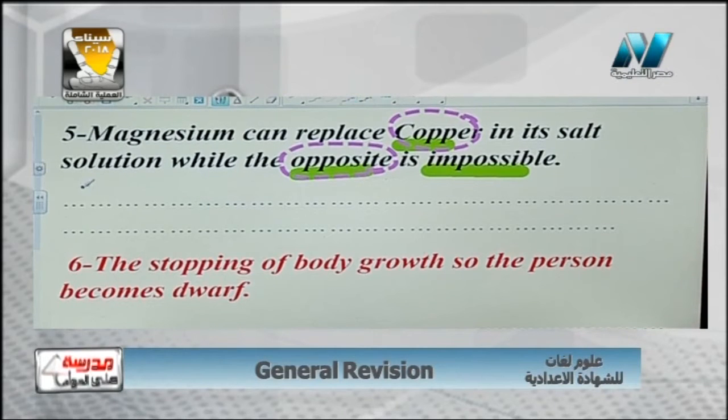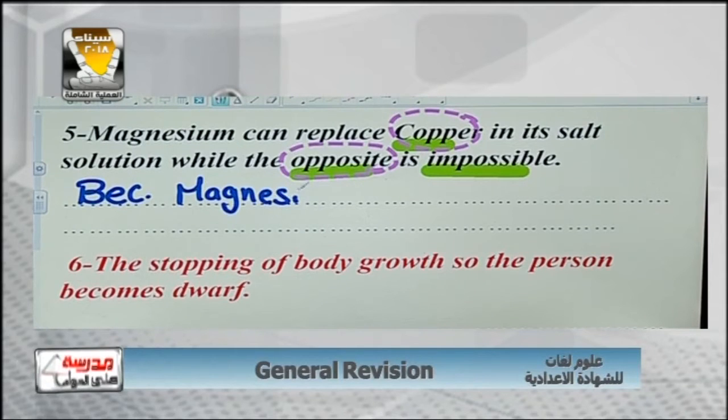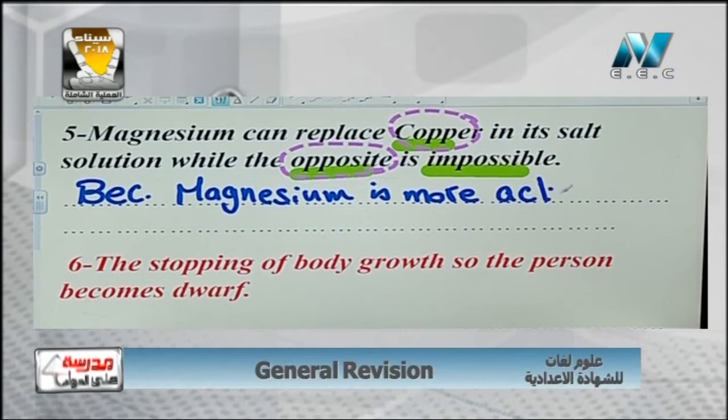يبقى اقول له because magnesium is more active than copper. Not a complete answer، خلي بالنا.